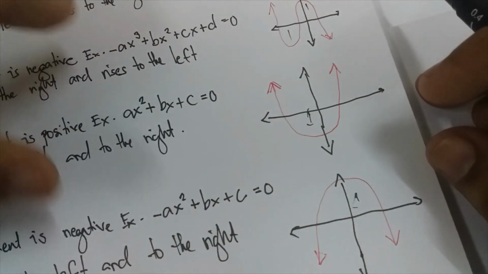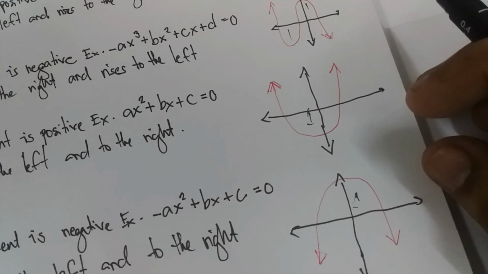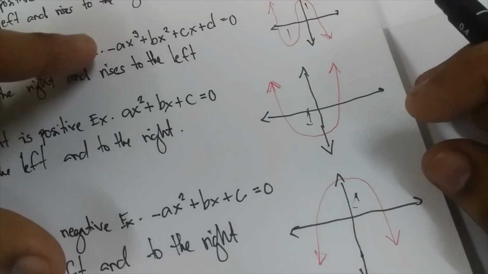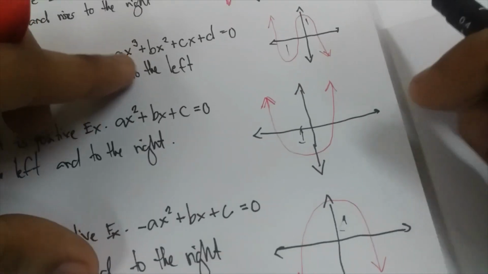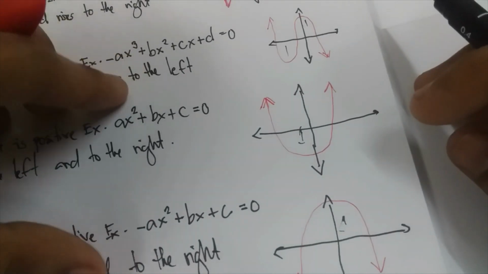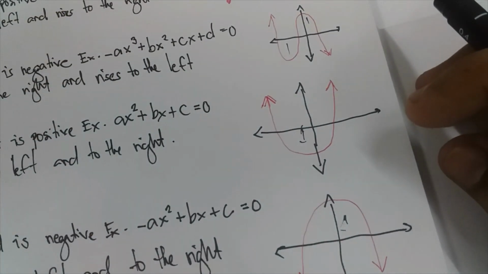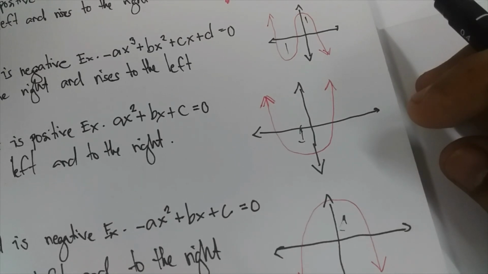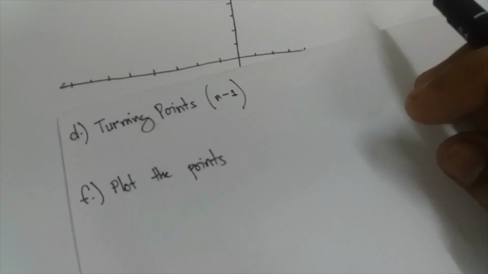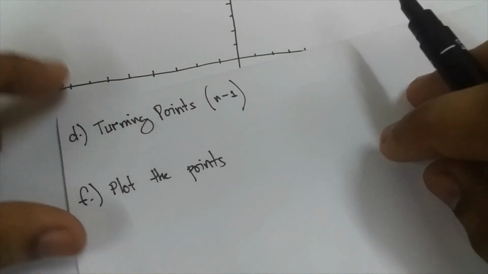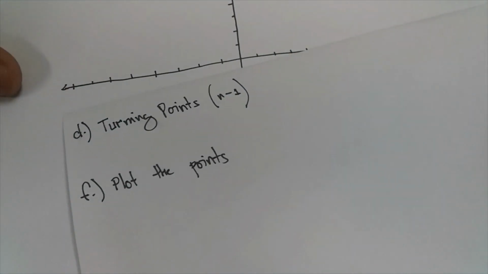Okay, how to determine the turning points? We can have not just only 1 turning point, not just only 2 turning points, but we can also have 3 turning points, 4 turning points. It depends on the highest degree of our polynomial function. So for our given, we have x cubed plus 3x squared minus x minus 3.